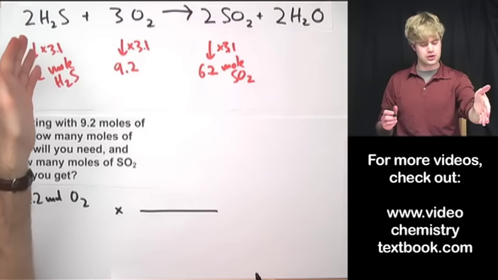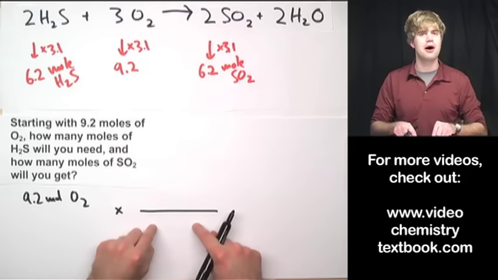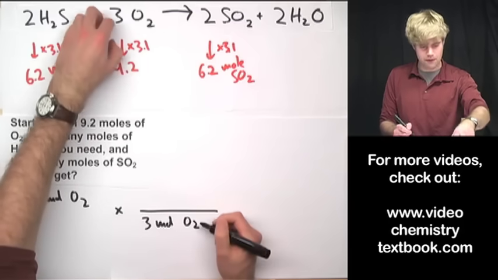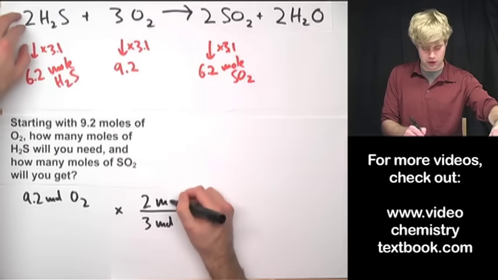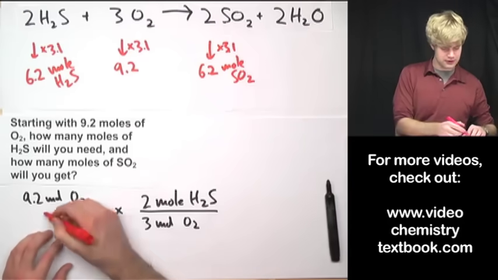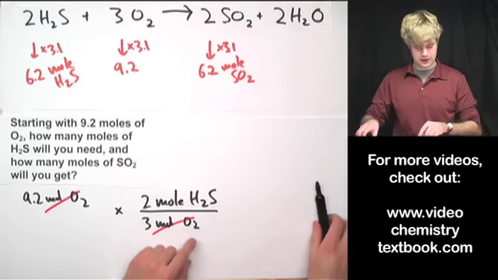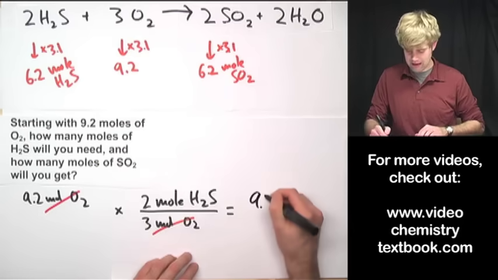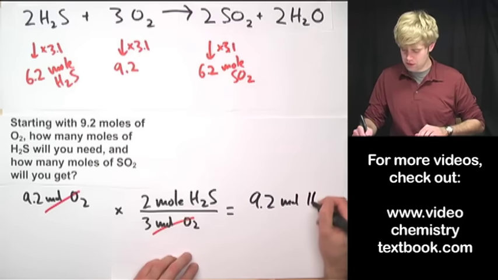So I want to write that as a conversion factor with O2 on the bottom so that it cancels out. So 3 moles of O2 to 2 moles of H2S. Moles of oxygen up here cancel out, moles of oxygen down there cancel out. And I get the same answer that I got here. I get 6.2 moles of H2S.